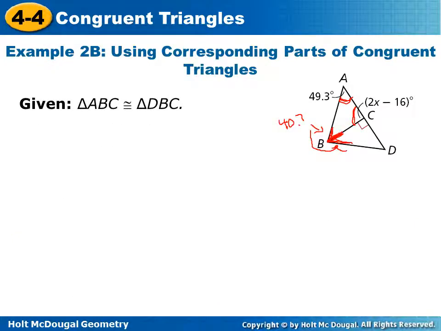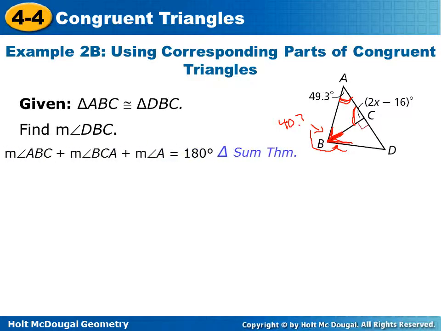Here's another example. We want to find the measure of angle DBC. DBC is the one in the bottom corner, and our triangle sum theorem says that the measure of angle ABC plus the measure of angle BCA plus the measure of angle A is equal to 180 degrees.